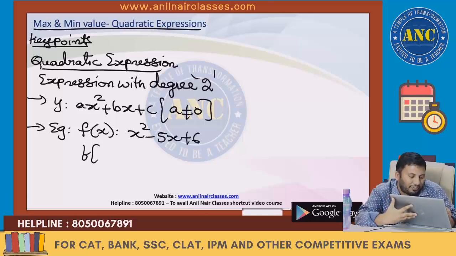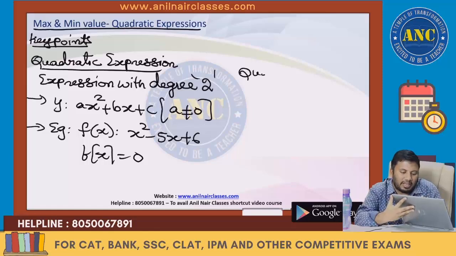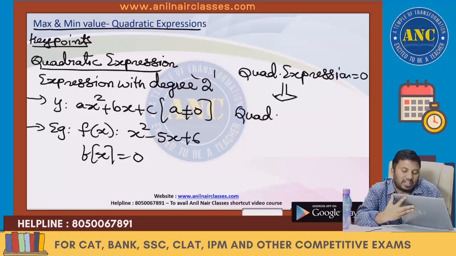If a quadratic expression is equated with 0, I will get a quadratic equation. An equation is an expression equated with 0.